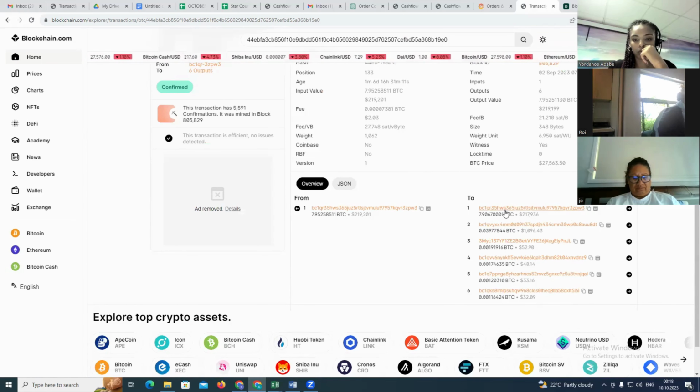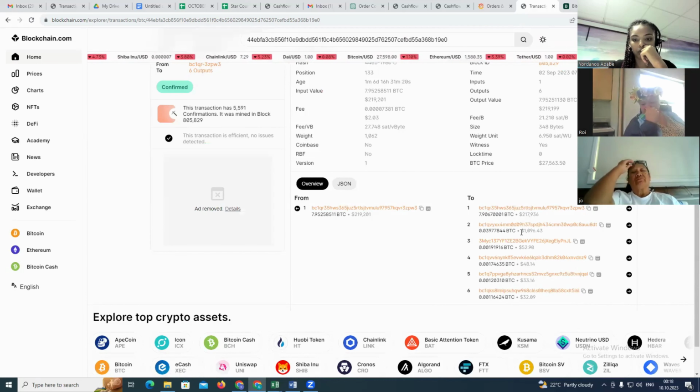You can find right here, there's a wallet address that ends with PW3, there's another wallet, there's another wallet. So look for your wallet. You can find the value, which means the exact amount that was sent to your wallet address.